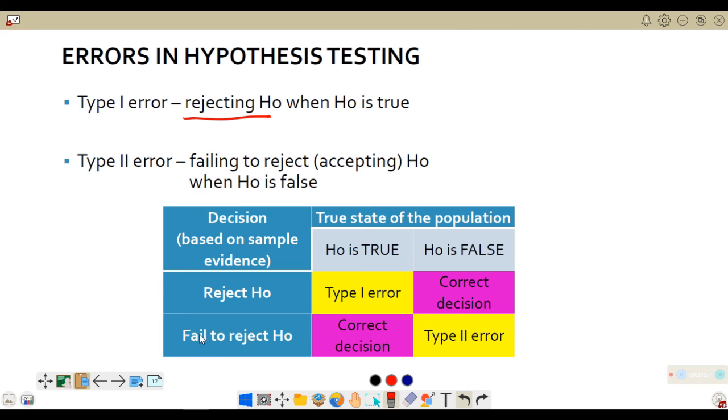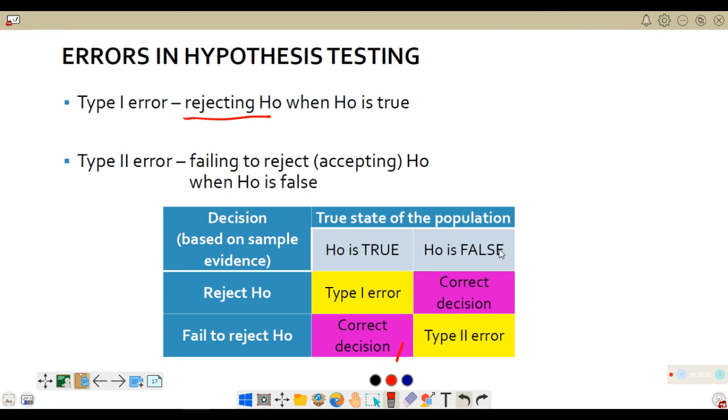So, mas maganda na aralin natin tong table na to so you can establish the relationship. So, true state of the population, HO is true. No difference, no change. And what you did is you rejected HO. So, you're committing type 1 error. But, if HO is true, and you did not reject HO, you accepted HO, then you are committing right decision or you are making a correct decision about the population.